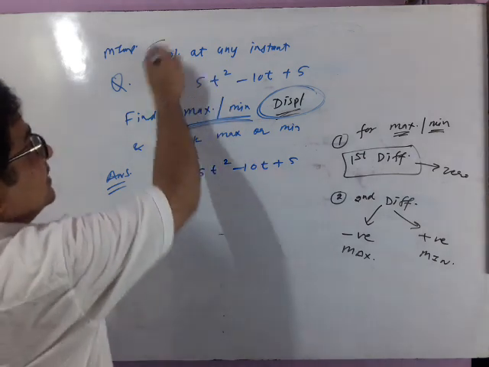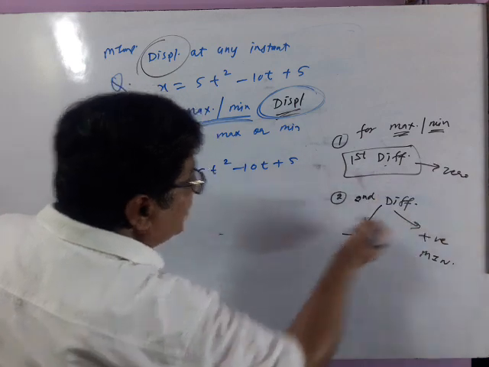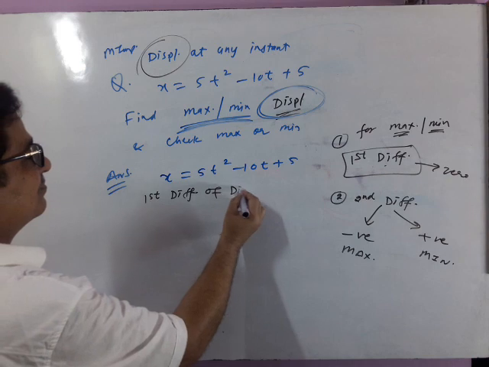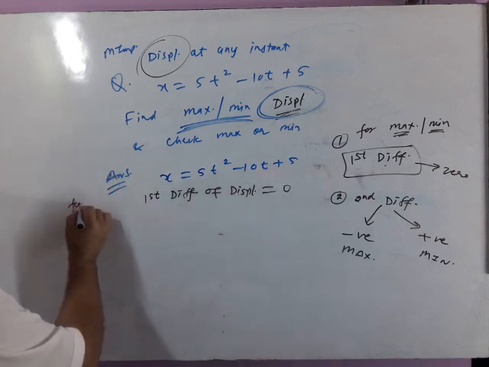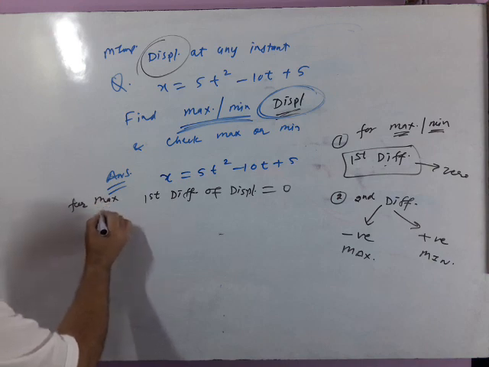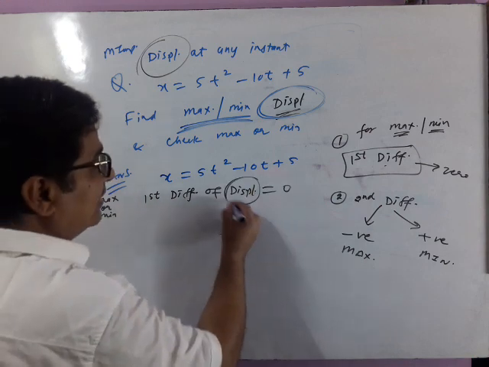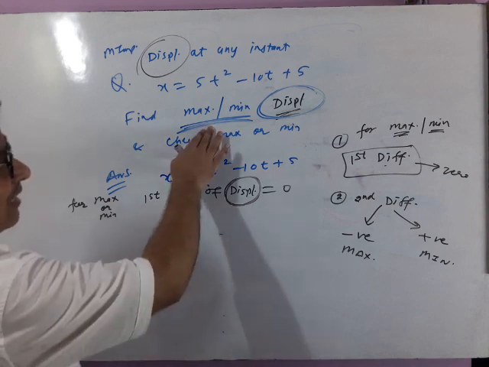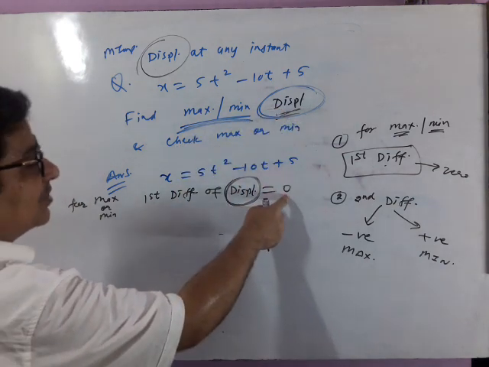The question is about displacement maxima or minima, so we take the first differentiation of displacement and put it equal to 0 for maxima or minima. Whether he says maxima or minima, put the first differentiation of that quantity equal to 0. Since we are finding maxima or minima of displacement, the differentiation of displacement should be 0.